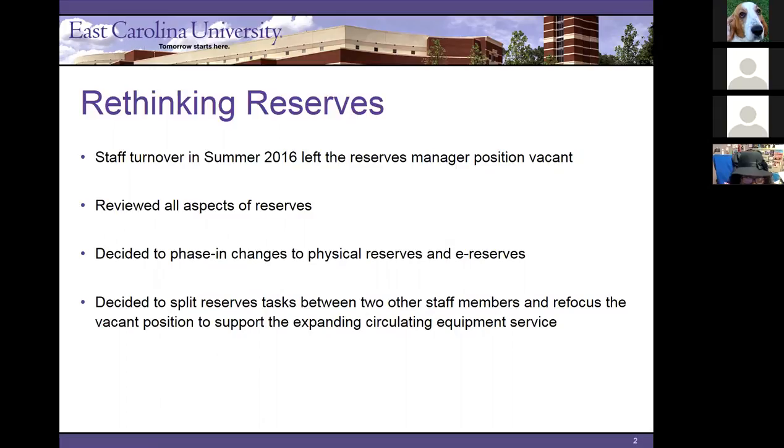I did a lit review, and we talked around, and we looked really in depth at what our course reserves was. And we decided to phase in some changes over this year and next year about our physical reserves and the electronic reserves. As far as the vacant job, we decided to refocus that on the expanding circulating equipment role of our department, and split the course reserves role between two other staff that we already have.